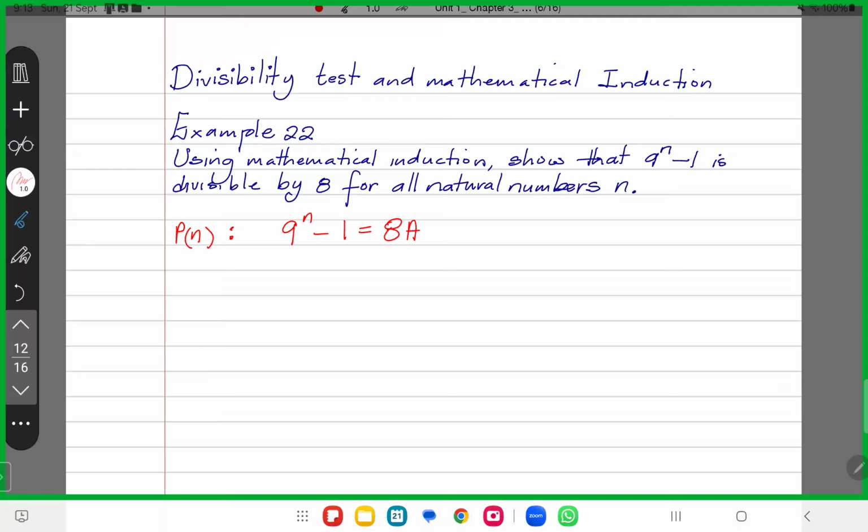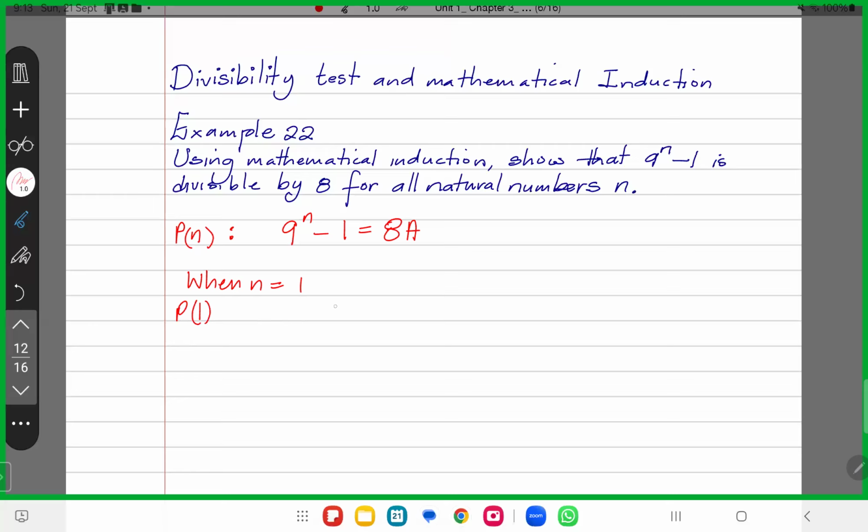Saying that something is divisible by 8 is the same as saying it is equal to 8 multiplied by a whole number. So A here is a whole number. Let us test if the statement is true when n is equal to 1. So P1, that's when n is equal to 1.